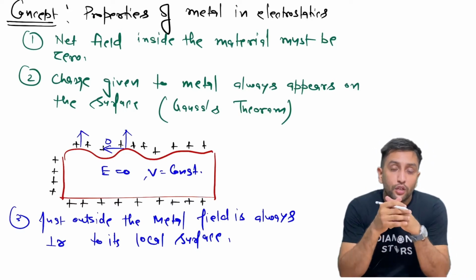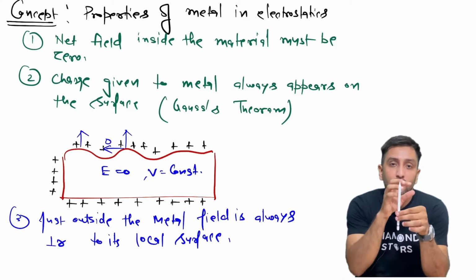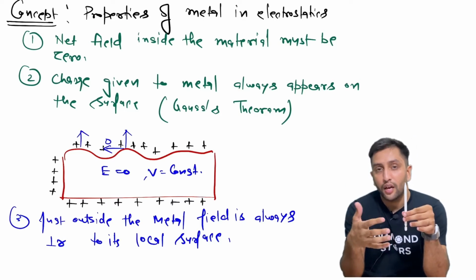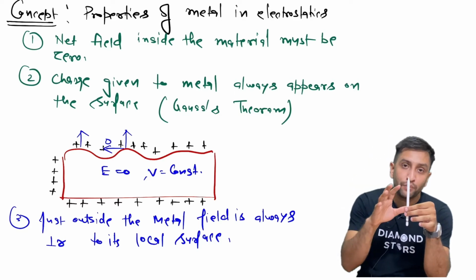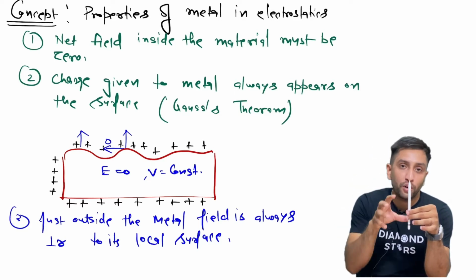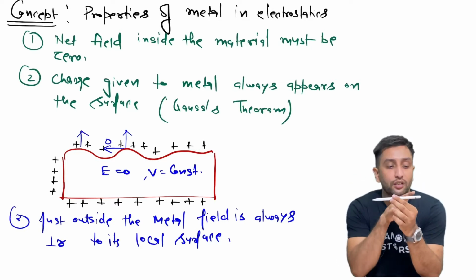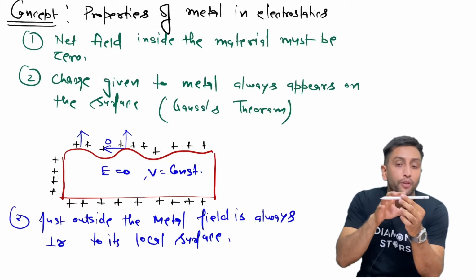What does it mean? It means that when the metals are placed in an external field, polarization takes place. In the case of capacitors, we will be discussing polarization, but till then take an idea of what polarization actually is. Whenever any body is placed in the electric field, suppose the electric field is in this direction and you take a metal placed in it, what happens?